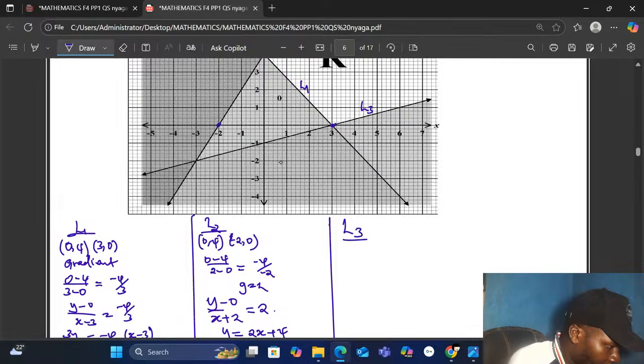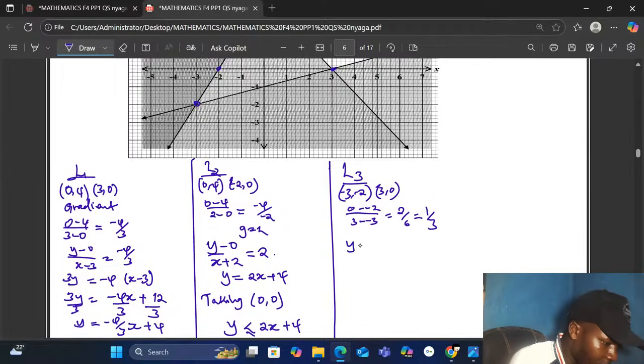Then we can also take this point here, which is negative 3, negative 2. So we have negative 3, negative 2, and 3, 0. Now the gradient is 0 minus negative 2 over 3 minus negative 3. So we shall have 2 over 6, which is equal to a third. So that is the gradient.